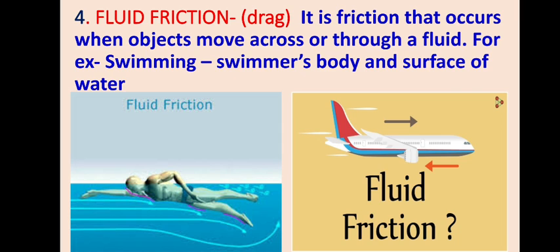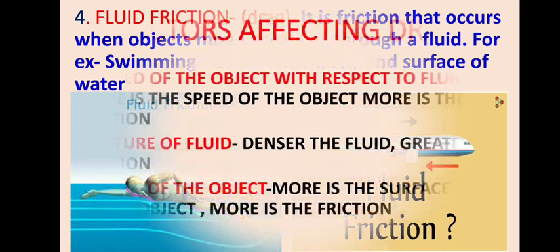Similarly, birds when they fly, the aeroplane, helicopter when they fly in the air, they have to overcome the friction that takes place because of the air. That type of friction is called fluid friction or drag. D-R-A-G, drag. So fluid friction takes place when the object is moving through liquids and gases.